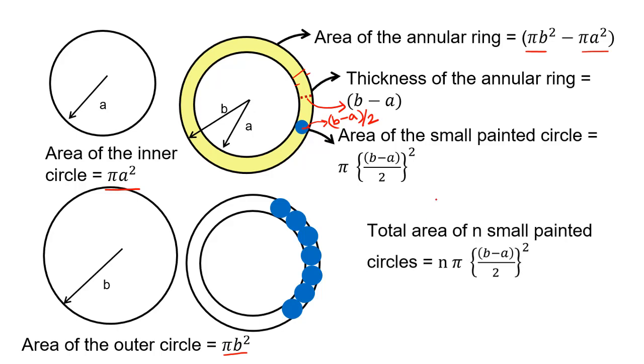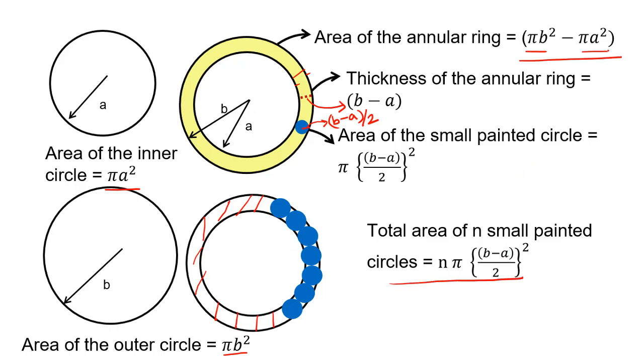So for n such circles, what will be the area? The total area for n such circles will be n into pi into (b minus a) by 2 whole square. Now the total area of this annular space is pi b square minus pi a square. So if we need to find out this unpainted area, what we will do?